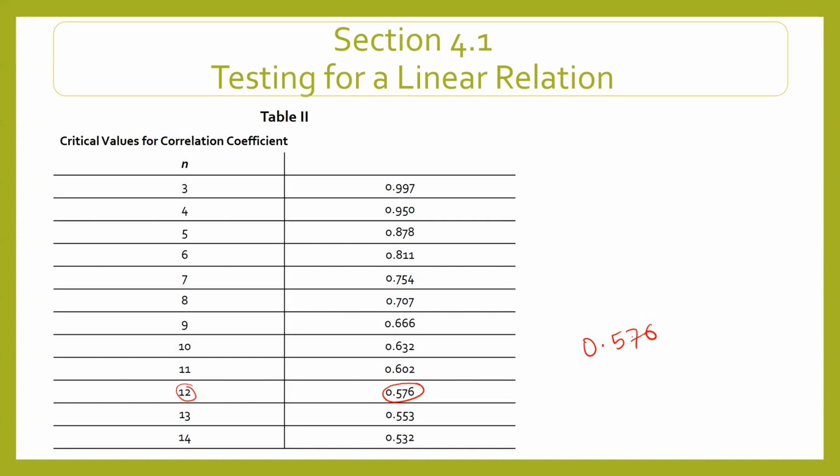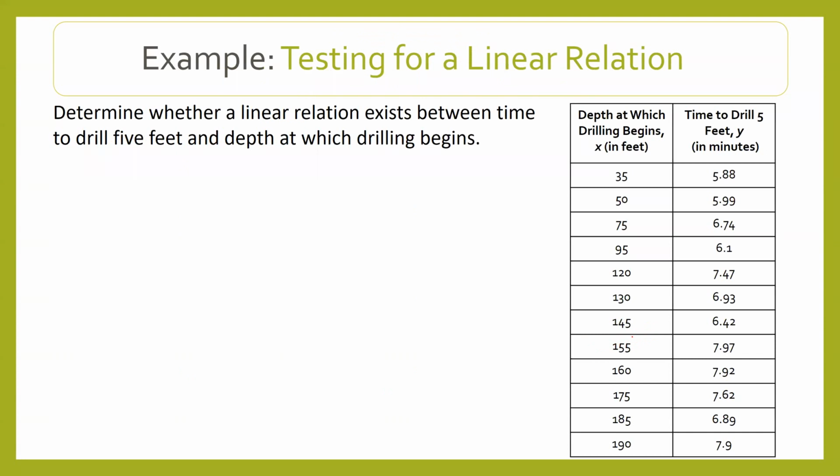All right, so for the same example, determine whether a linear relation exists between time to drill 5 feet and depth at which drilling begins. Remember that what we got was 0.773. It is closer to +1, so we might have strong evidence, but let's actually determine what type of relation.